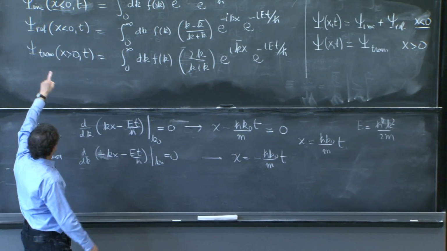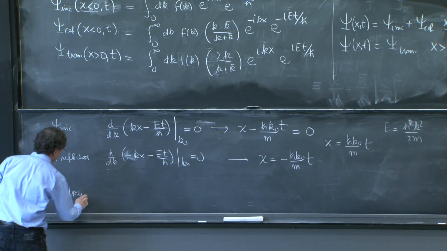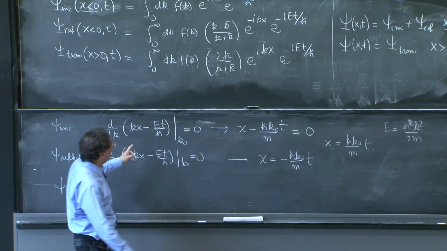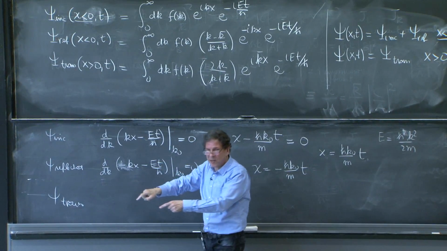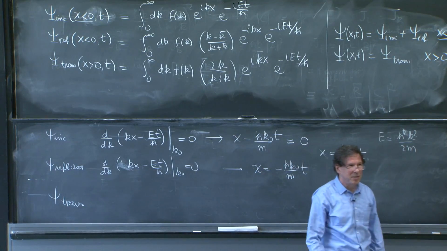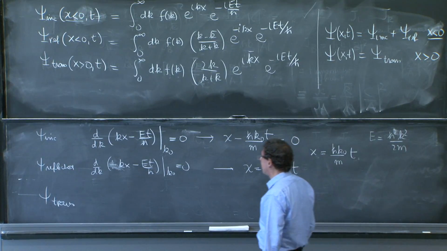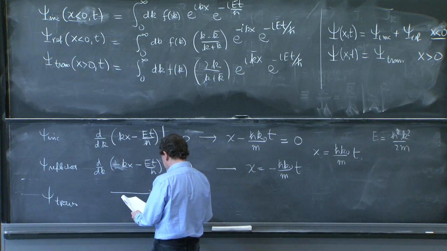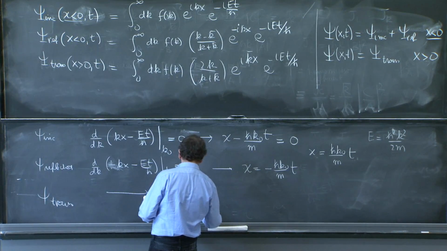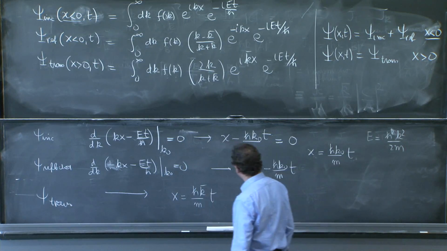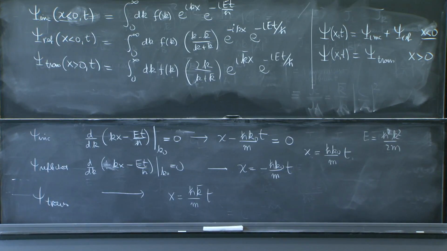I will leave for you to do the psi transmitted. It's a little different because you have now k bar, and you'll have to take the derivative of k bar with respect to k. It's going to be a little more interesting example. But the answer is that this one moves as x equals h bar k bar over m t. k bar is really the momentum on the right.